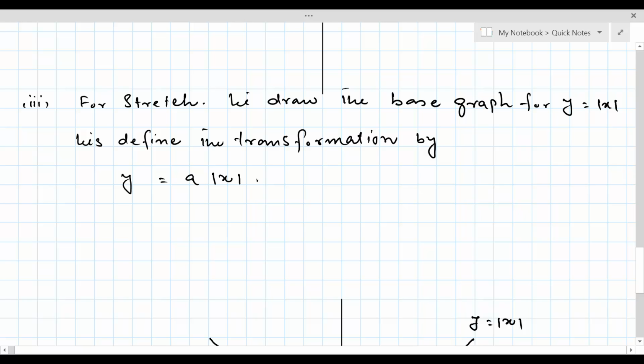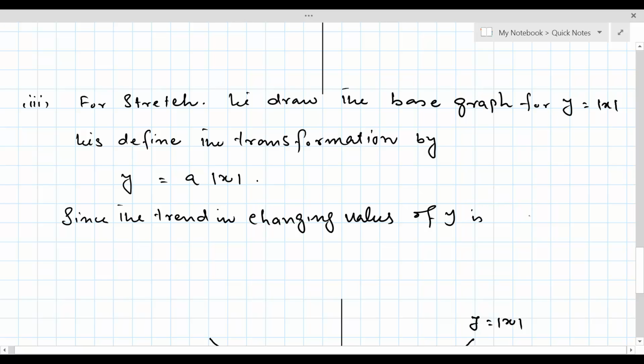Since the trend in changing values of y is 1, 1, 1, 1.